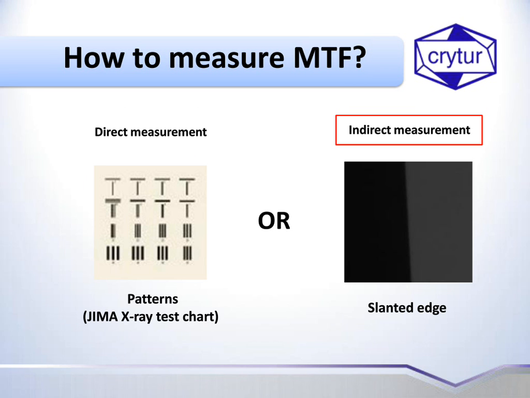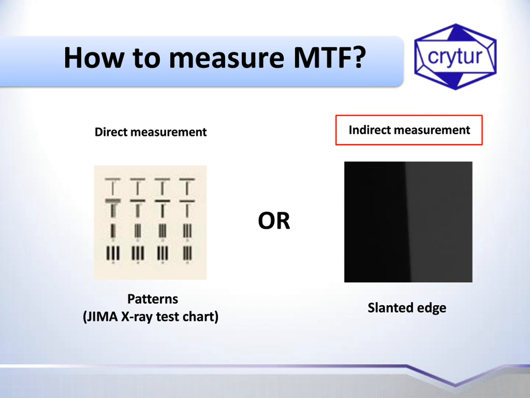Or the other option would be indirect measurement, which is usually conducted by the slanted edge technique, which is very popular, and it has also been used with cameras, with scanners, with almost all imaging devices.